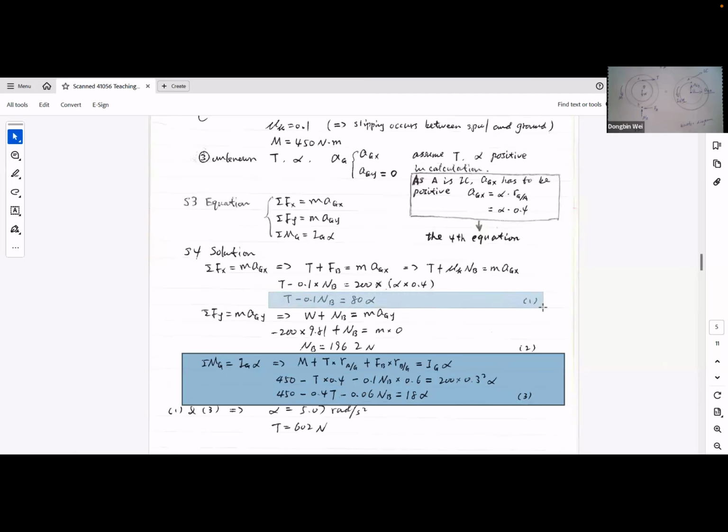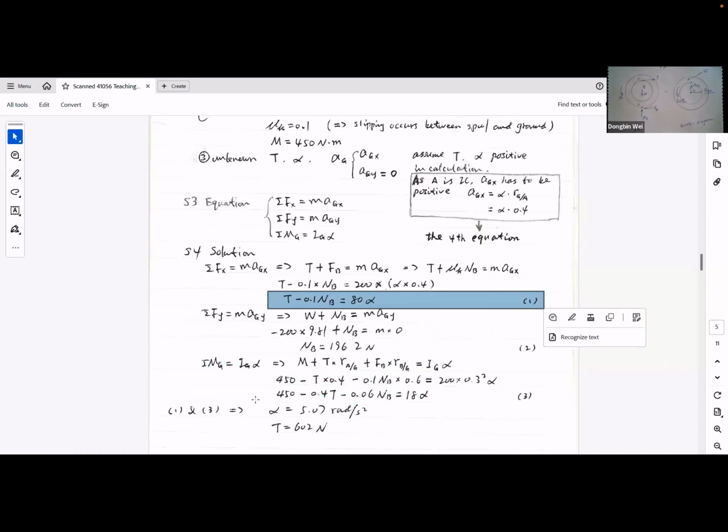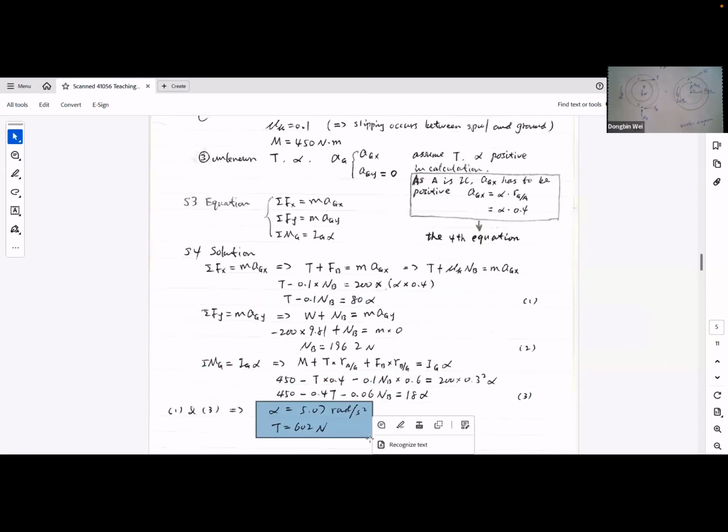You can see we have alpha and T, these two unknowns. NB is already known from equation 2. So we can solve this problem, and finally, alpha and T can be resolved. And that's the solution for this problem.